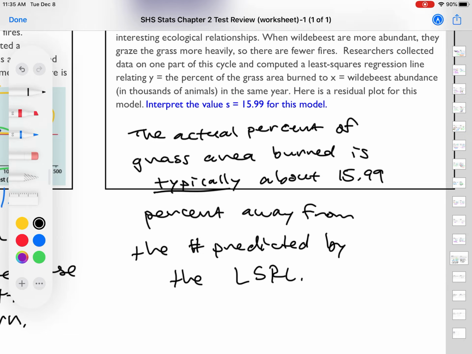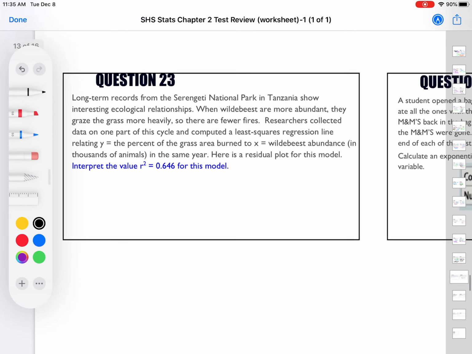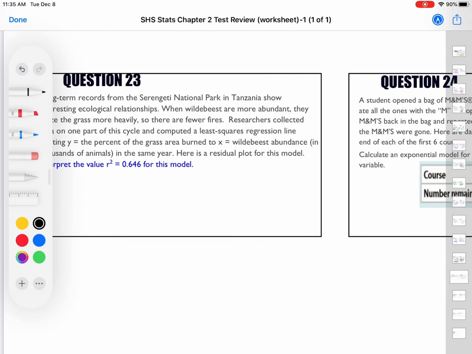All right, let's try question number 23. Same thing, now they want us to know about R squared. Okay, so remember the coefficient of determination, the R squared, if it's a high number, then it's helping us determine if I should use it. But for right now, I'm just going to interpret, and then I want to give you guys a real quick review about correlation.